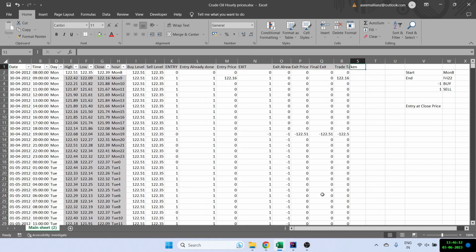I will also check whether I am in trade or not, and we can try if L3 is not equal to 0 and L3 multiplied by O2, which is the exit, if it's not equal to minus 1, then 1 comma 0.